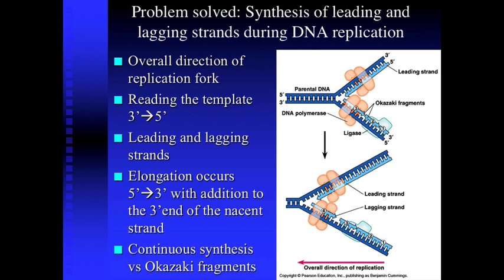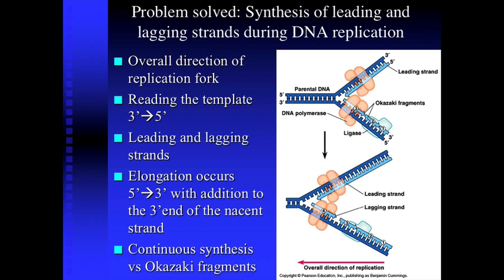We're going to read 3' to 5' and make a little copy. And once we do that, we're going to do it again over here. And then we're going to do it again over here. We're going to replicate in small fragments. And these fragments are called Okazaki fragments.